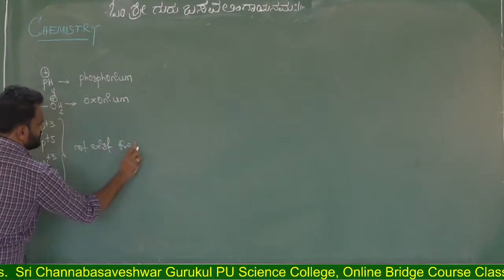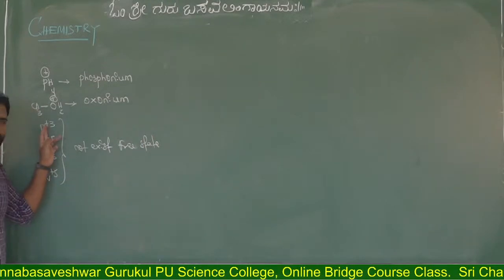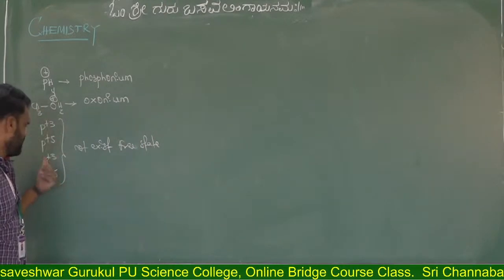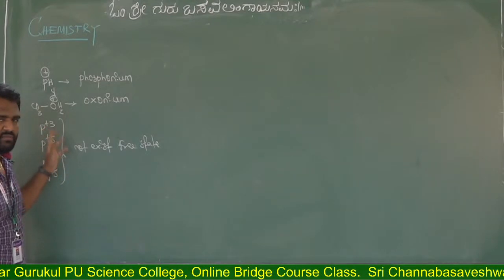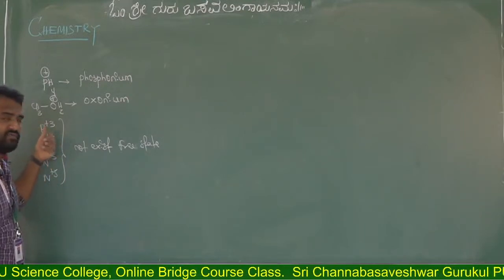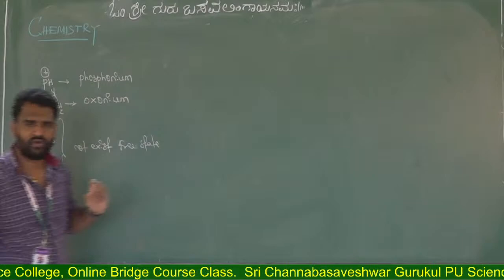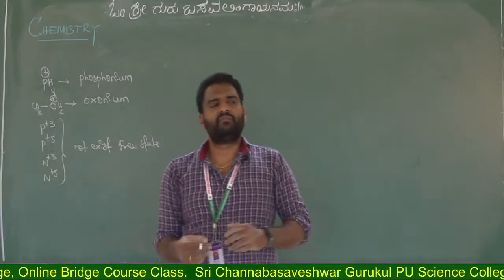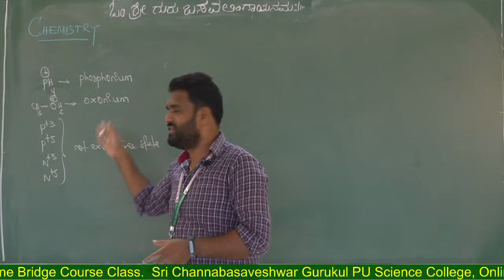You can call them phosphorus and nitrogen ions, but getting these free ions is very difficult. Why? Because these are non-metal ions.